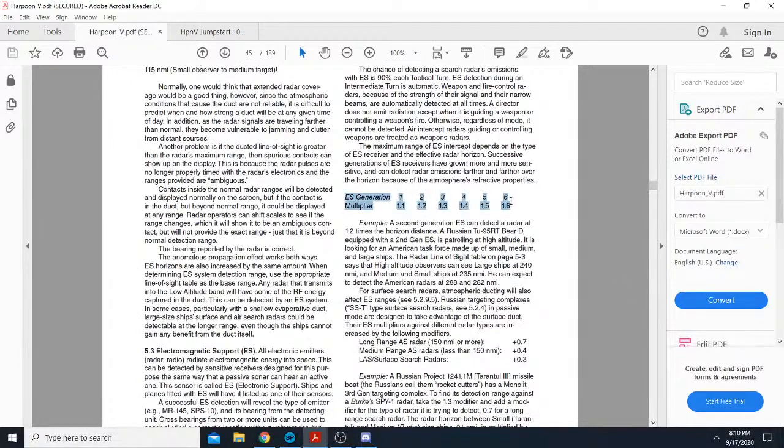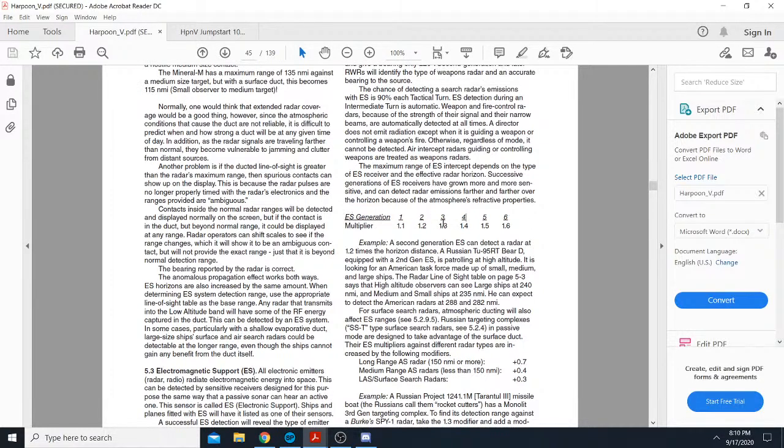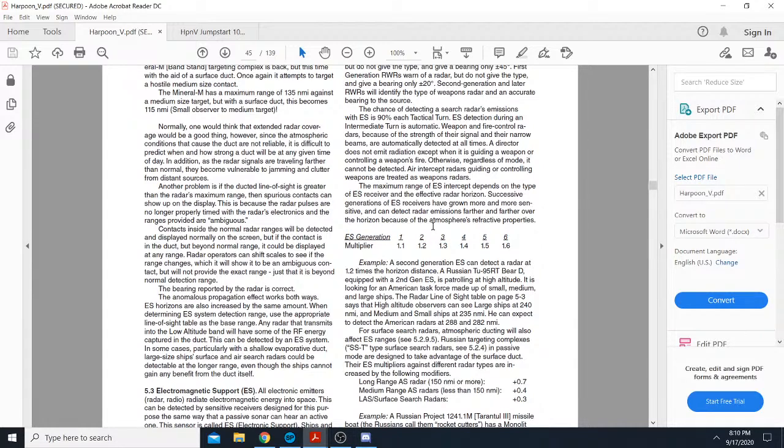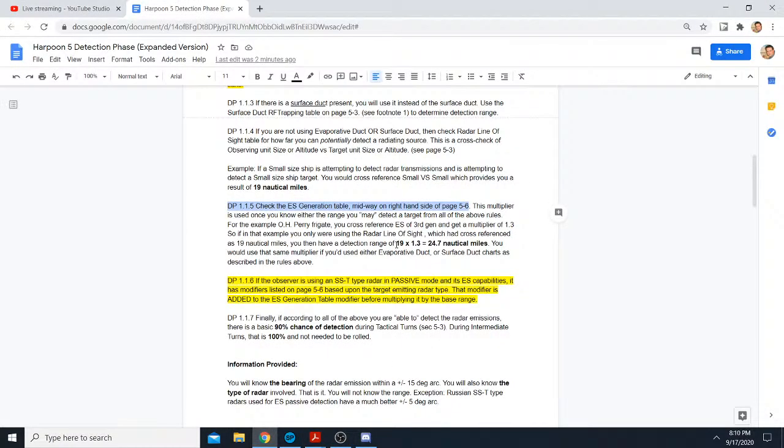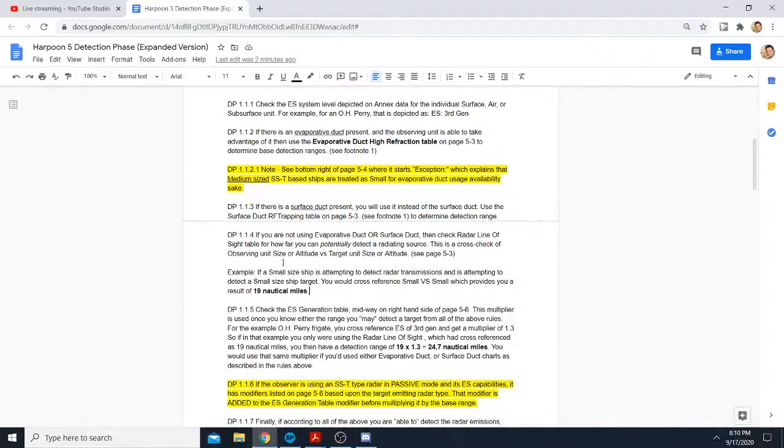Okay. This is how much you would multiply your base detection by in order to get your range. So before in our example, again, this example here was without an evaporative duct.